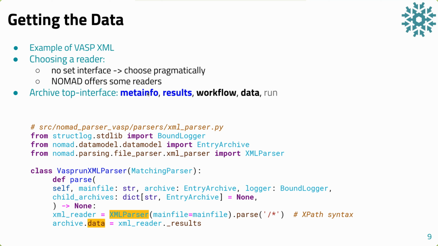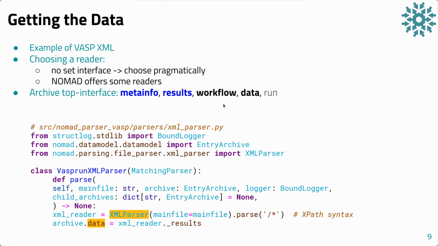So this is really just internal for Nomad. Then you have these results, which are the data that we will make searchable, that we will index, and then you can query for them. Again, this is an internal aspect. These are automatically generated by Nomad.